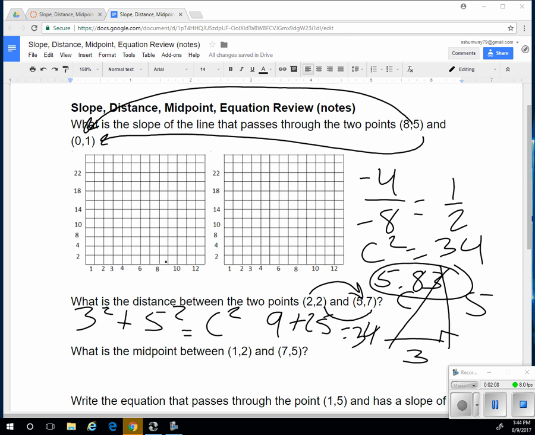Okay, so how about the midpoint between (1, 2) and (7, 5)? Well, x goes from 1 to 7, so that's a distance of 6. We only want to go halfway though.